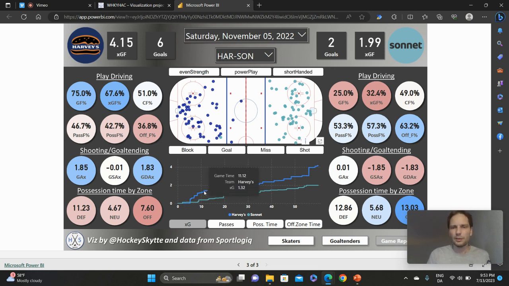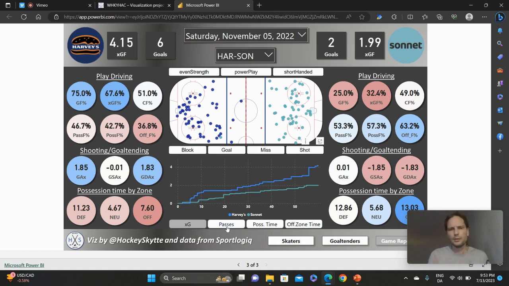So you can see here at 11.12 minutes into the game, Harvey's has a total of 1.32 expected goals, and so on and so on. So it's just a race of how the XG is going as a function of the game time. That was the word I was looking for.